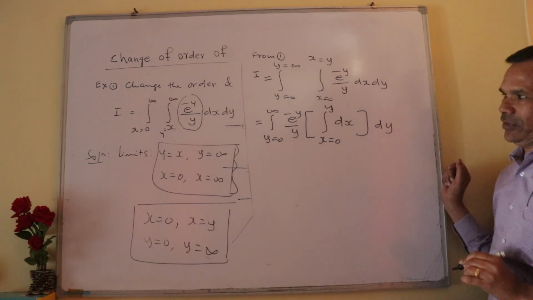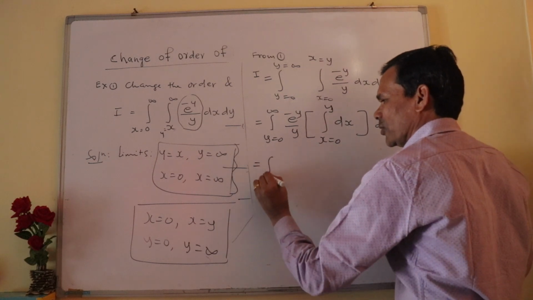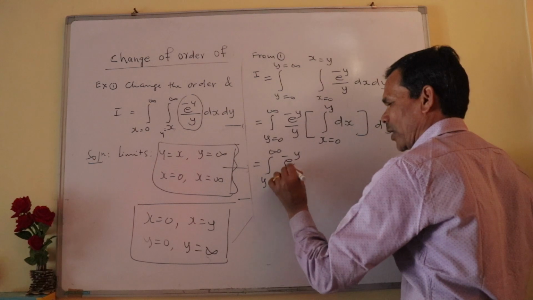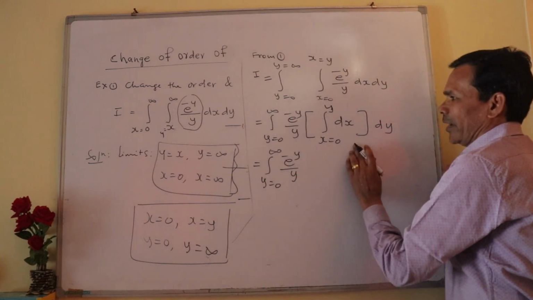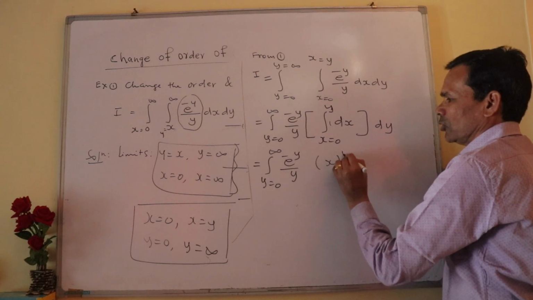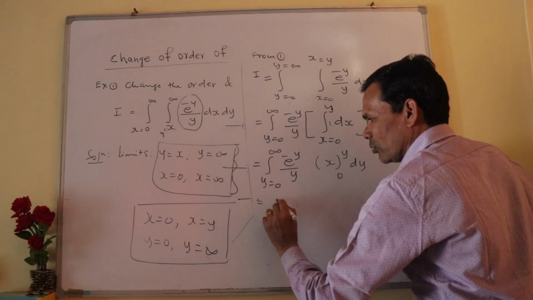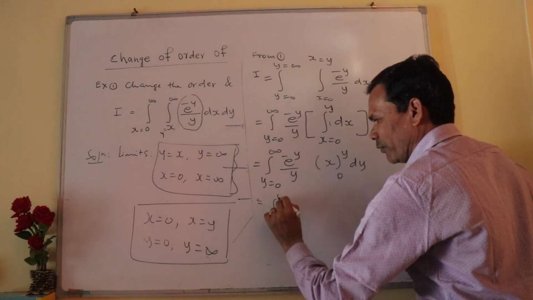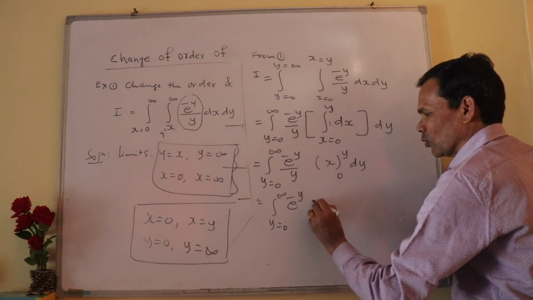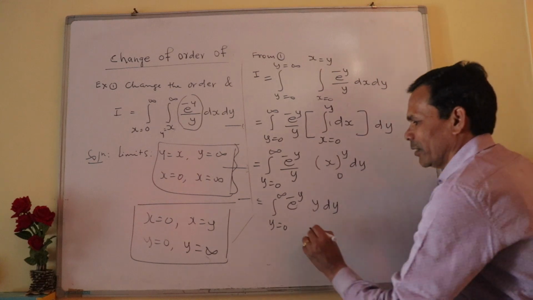So with respect to x first: y from 0 to infinity, e raised to minus y divided by y, and integrating dx gives x with limits 0 to y, dy. This equals y from 0 to infinity, e raised to minus y; applying the limits, y minus 0 is simply y, divided by y.